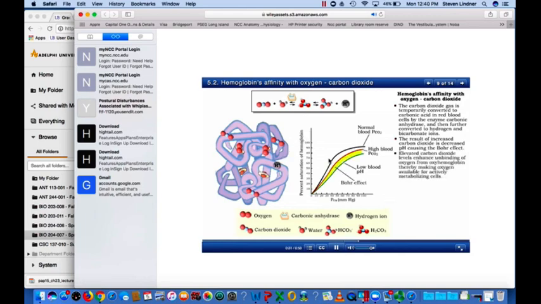Elevated carbon dioxide levels enhance unbinding of oxygen from oxyhemoglobin, thereby making oxygen available for actively metabolizing cells. By contrast, decreased carbon dioxide, as in the alveolar spaces, increases affinity of hemoglobin for oxygen and promotes oxygen loading and transport.